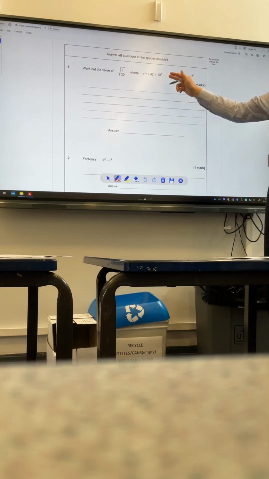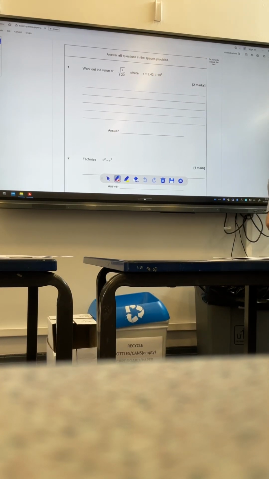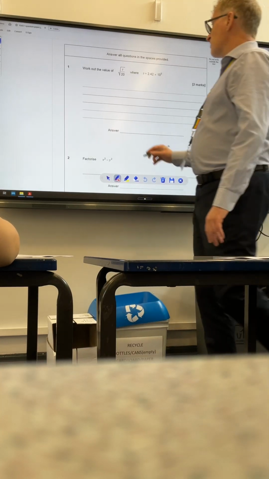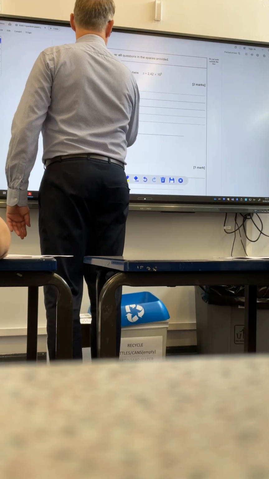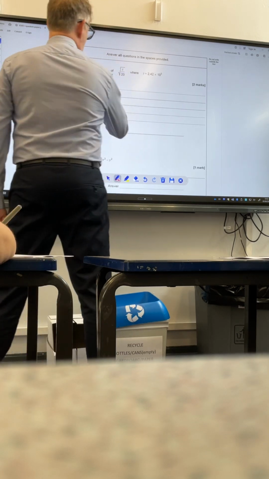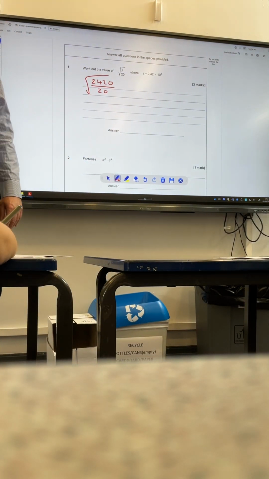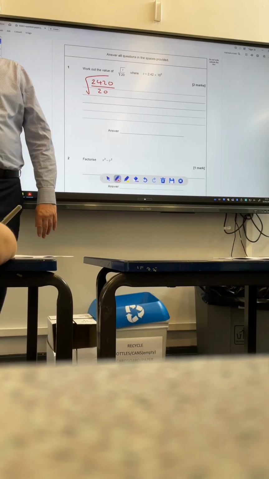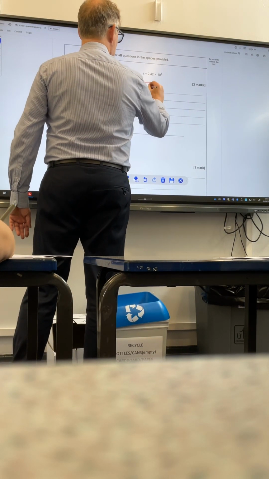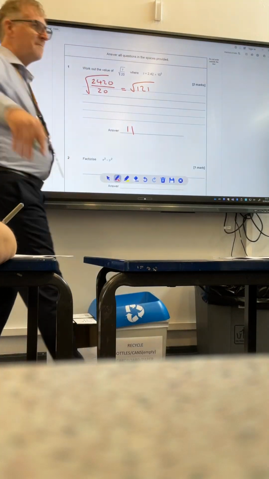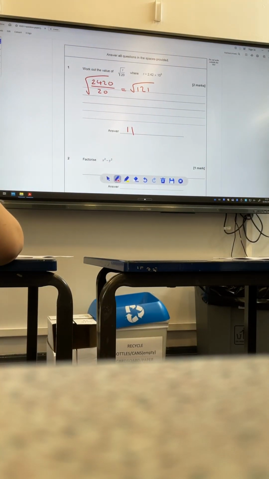The first thing we do is probably transform that 2.42 times 10 to the 3 into a real number. So that's going to be 2420, divided by 20, rooted. We can do that nicely. Zeros cancel. 242 divided by 2 is 121. That's looking good because we know the square root of 121 is 11, straight away.